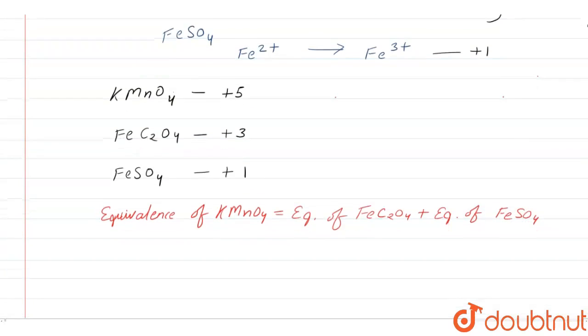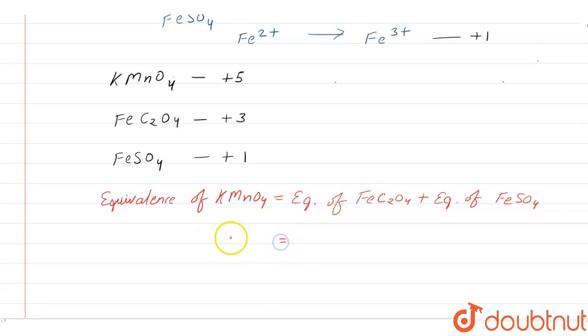As we have to find out the moles of KMnO4, putting it as the variable x, and 5 is the change in units. 1 mole of ferrous oxalate is taken and 3 unit change, then 1 mole of ferrous sulfate with the change in the unit of 1 here. So by solving this term, we get the value of x, that is 4/5 moles.